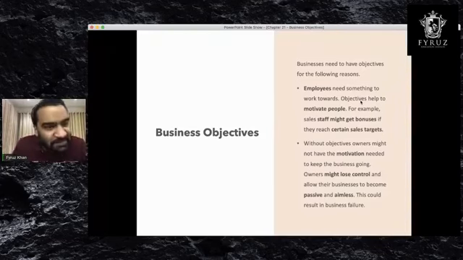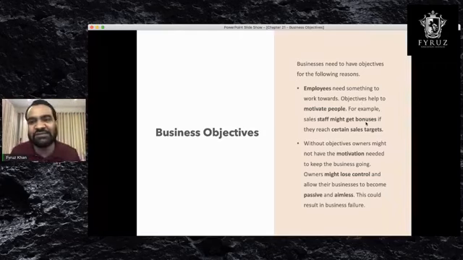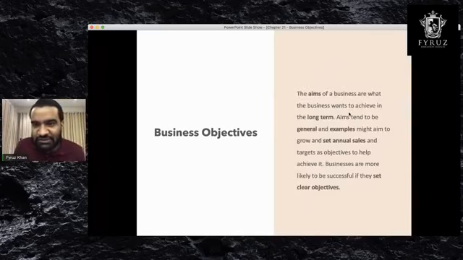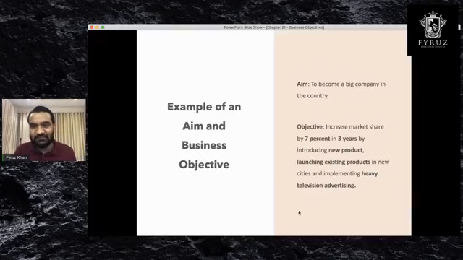So having a business objective will motivate people. It will give them a sense of purpose, a sense of direction. And if employees achieve that goal, probably they will get a bonus. So it is important to have an objective, just like this.